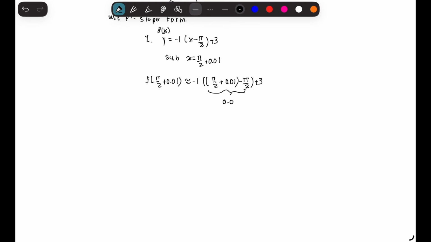This is 0.01. So 2.99 is your approximation.